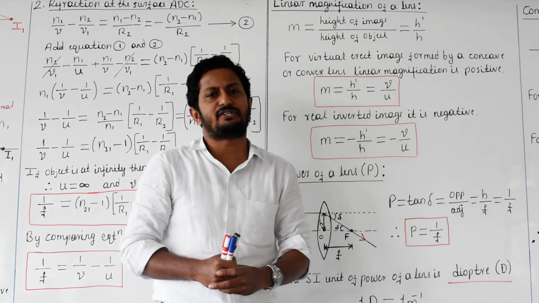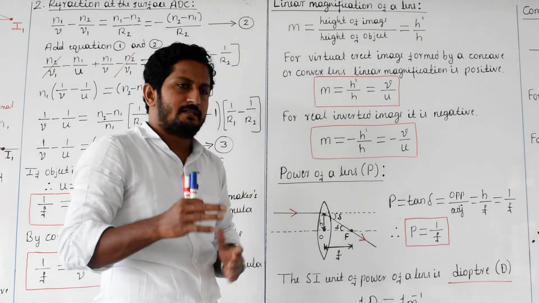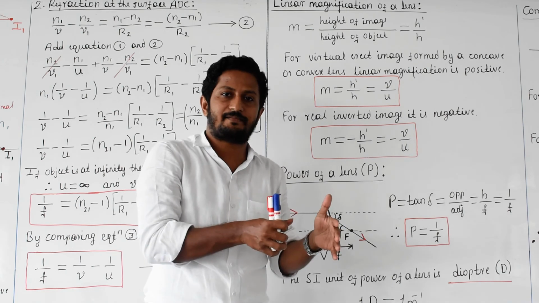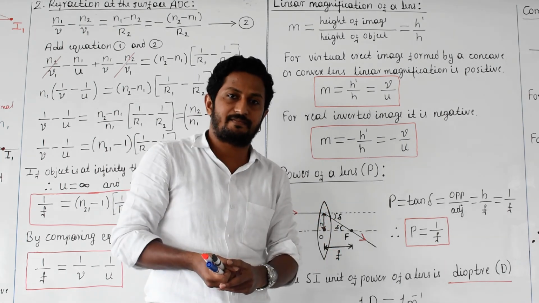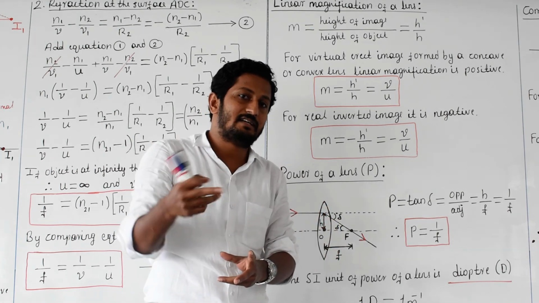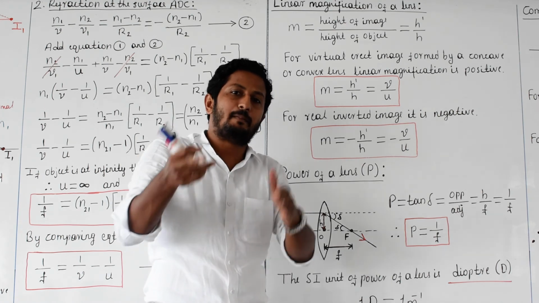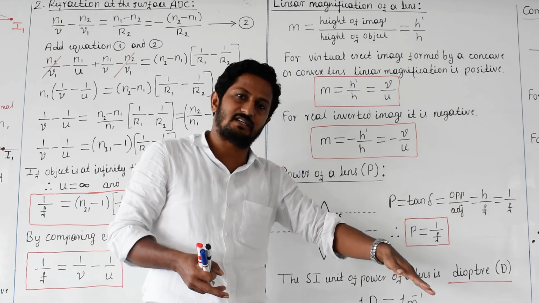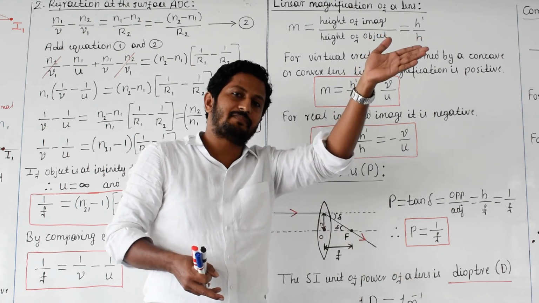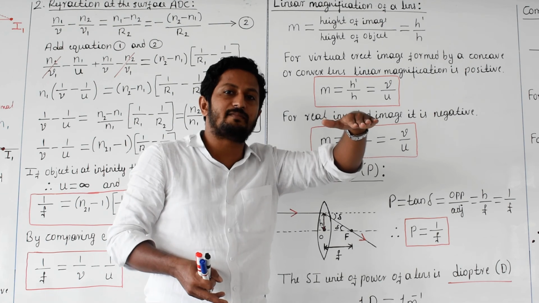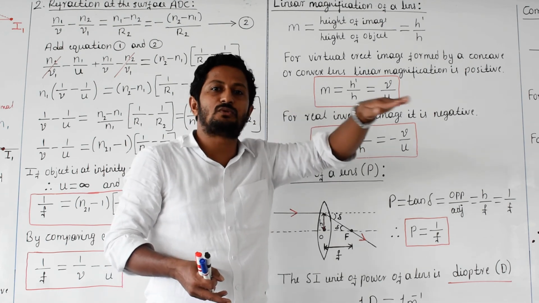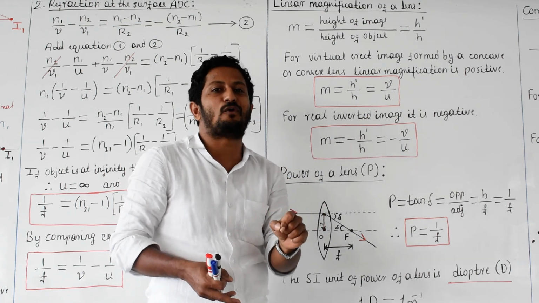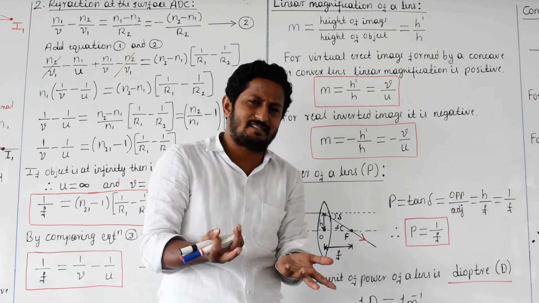One more definition: the power of a lens is equal to the tangent of the angle by which it converges or diverges the incident light beam which is passing through the lens at unit distance from the principal axis.